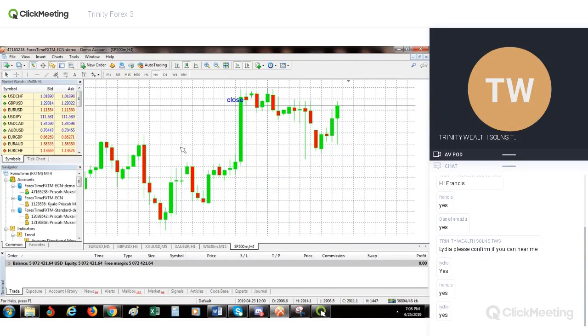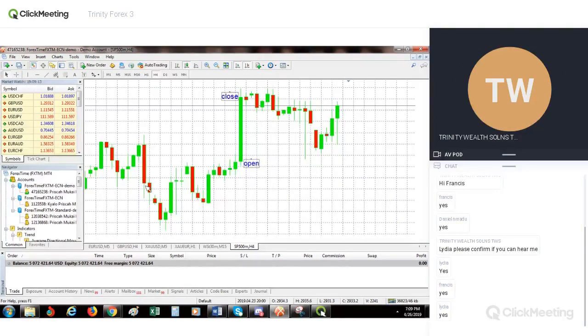That is the closing price, and this is where it opened. So it opened here, it went up, the bulls pushed it up, and it closed. So that's a bullish candlestick, and as you can see, it is green in color.